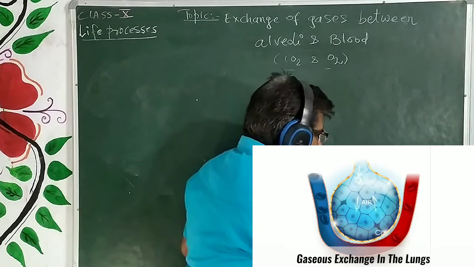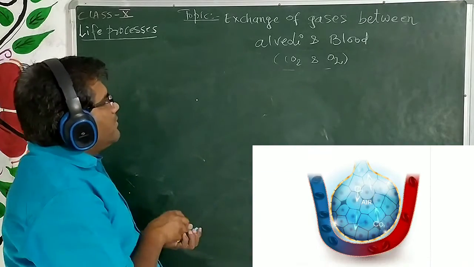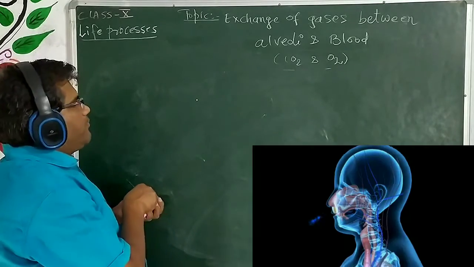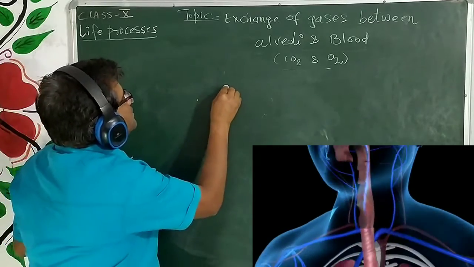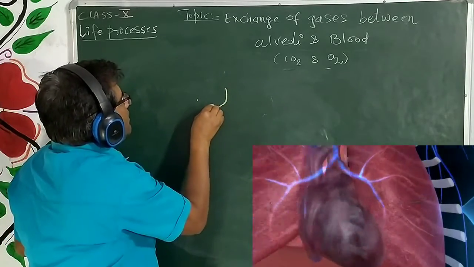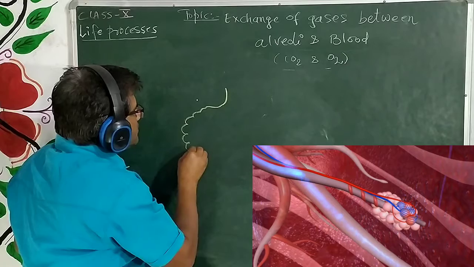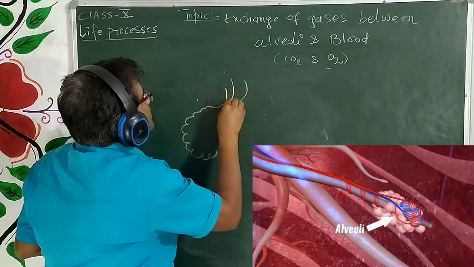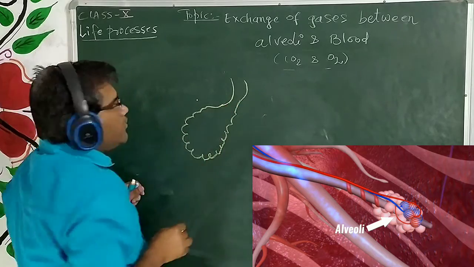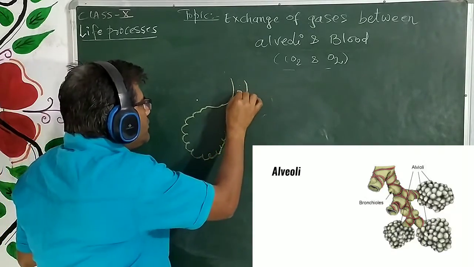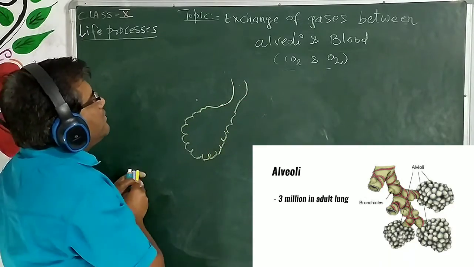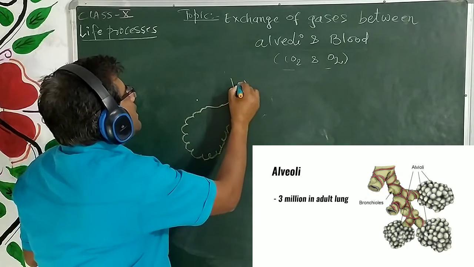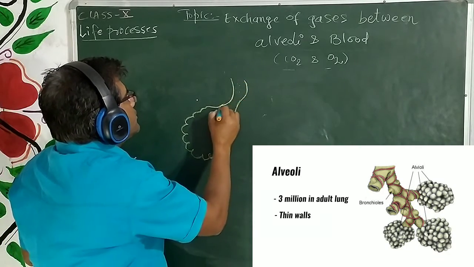First, we should understand the structure of alveoli. Students, this is the structure of alveoli. Alveoli are sac-like structures that occur in the lung, and there are many such alveoli.